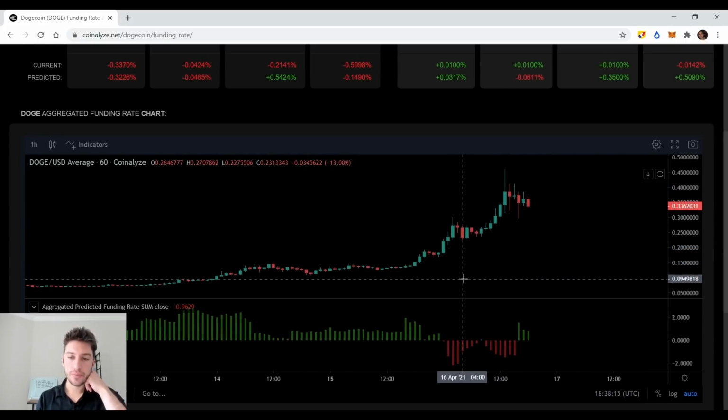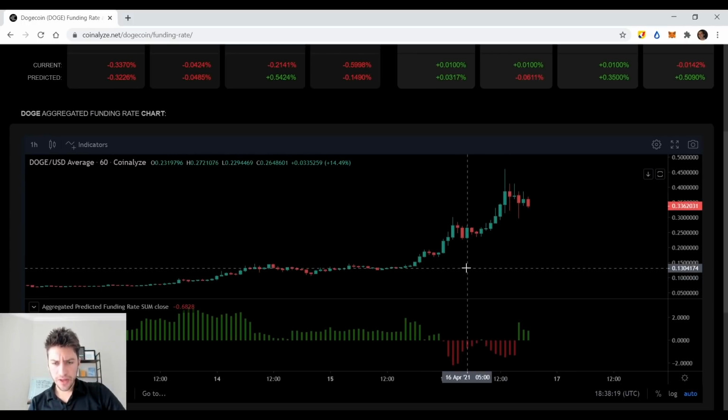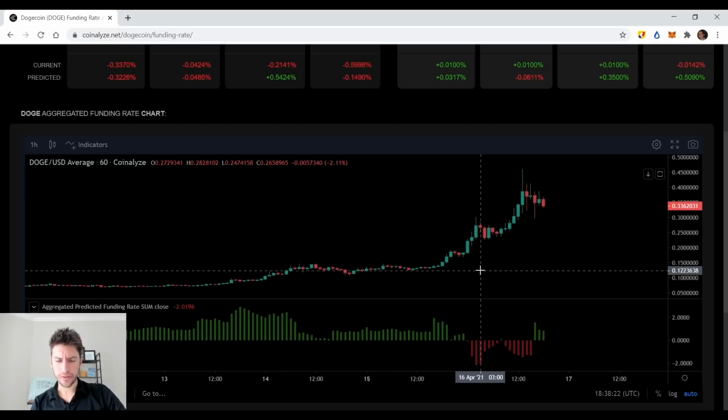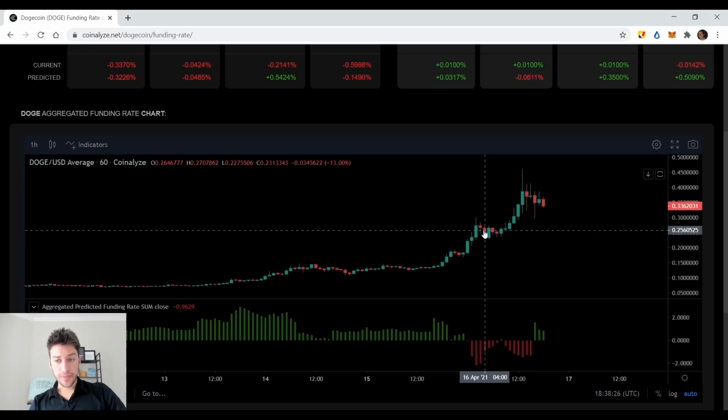What I noticed pretty recently, just this morning or a few hours ago, the funding rate got very, very negative on Doge, predicted funding rate. This to me is telling me that at these prices, a lot of futures traders are just believing that Doge is just going to have to fall.